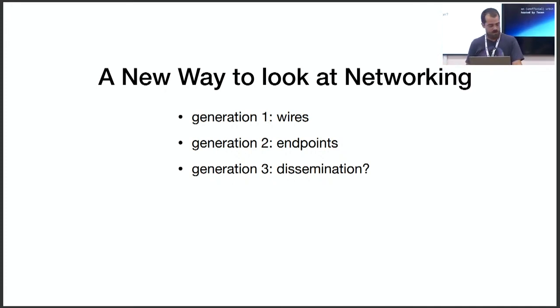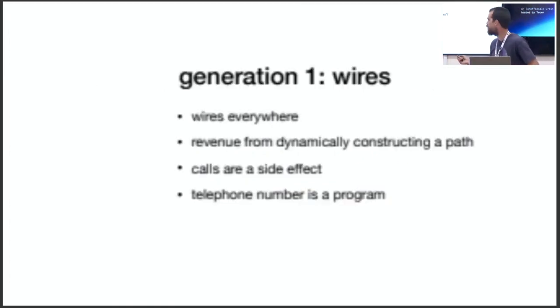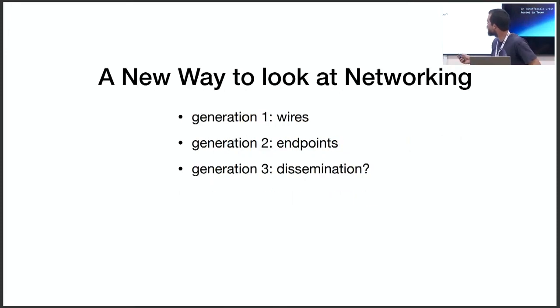And like the great man theory of history, computer science and network architecture rides on the backs of a very small number of people, and Van Jacobson is undoubtedly near the top of that list.